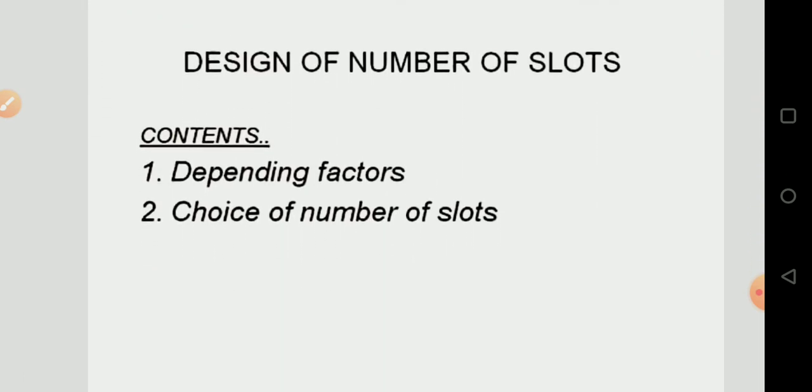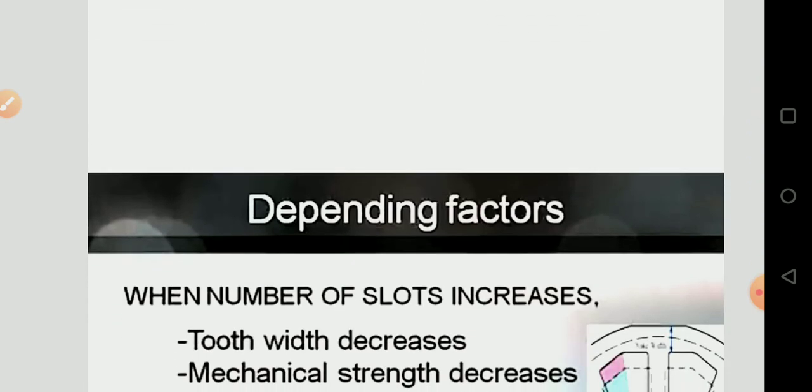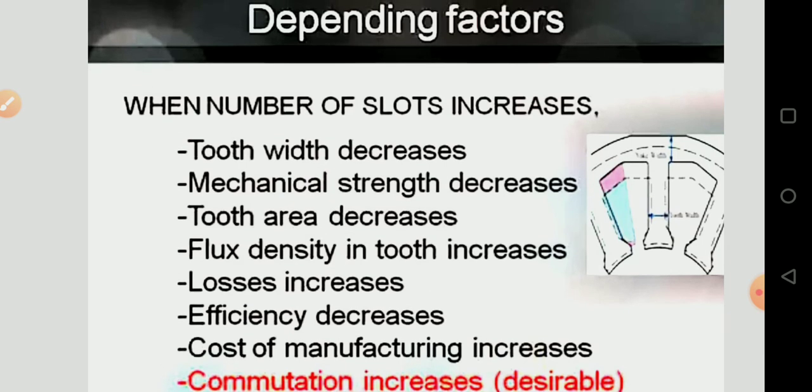Now the design of the number of slots. Here we have two contents. First is the deciding factors, second is the choice of the number of slots.